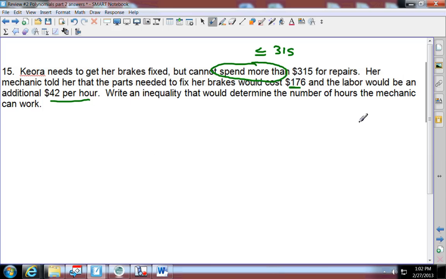Write an inequality to determine the hours the mechanic can work. I'll take $42 times the number of hours plus the parts, which is 176, and it's got to be less than or equal to 315. And all it wanted us to do was write the inequality.